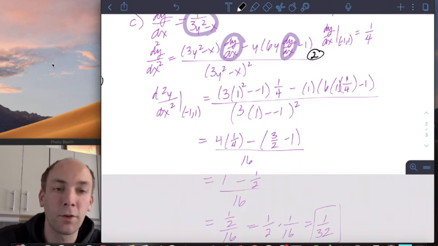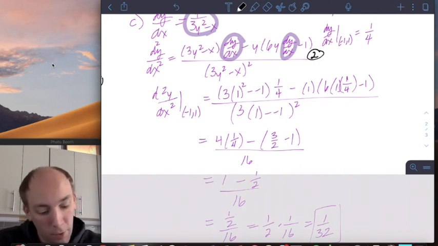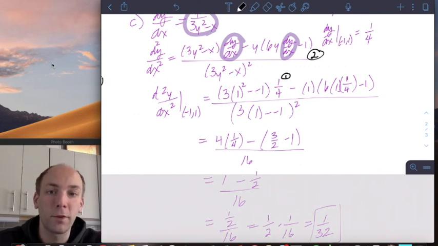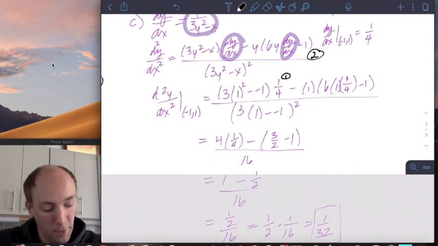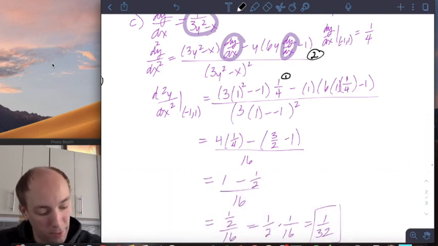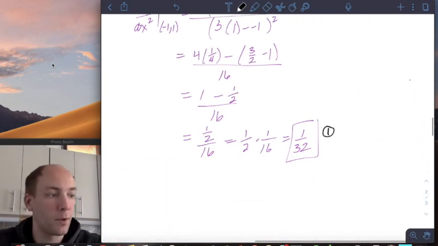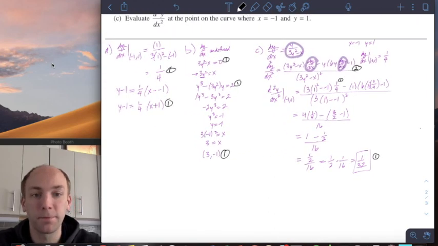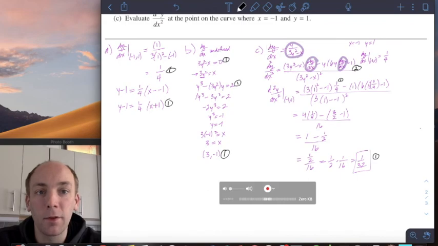It's kind of all or nothing on that one. When you substitute in your dy/dx, whether you put in the number 1/4 or the fraction and then simplify it all the way, you get your 1 point, and then 1 point for a final answer of 1/32. Not too bad. A little bit of a throwback on this one. Let me know if you have any questions.